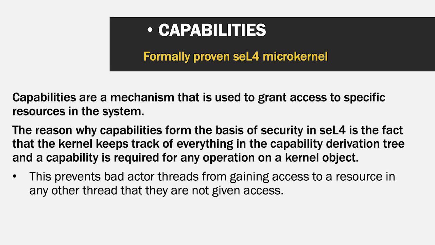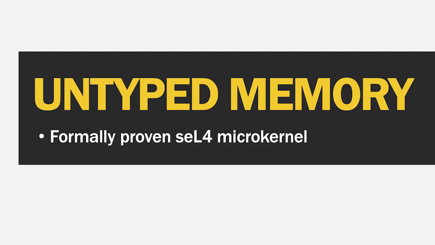So it can do checking to know things like, is a bad actor thread trying to gain access to a resource that it's not supposed to have access to. So this is how you get those isolation guarantees, by doling out that access.